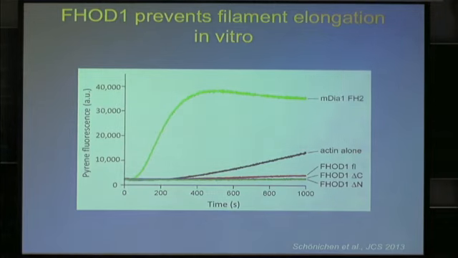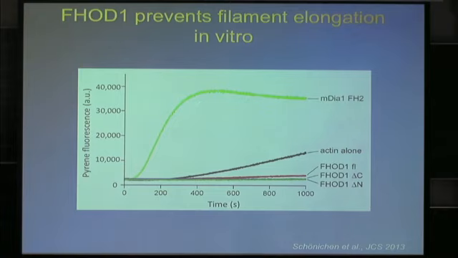To understand why we have those opposing effects of FHOD on different stress fiber types, I would like to show data which Schönichen et al., our collaborators, published a couple of years ago. They put FHOD in solution in vitro and measured actin polymerization.